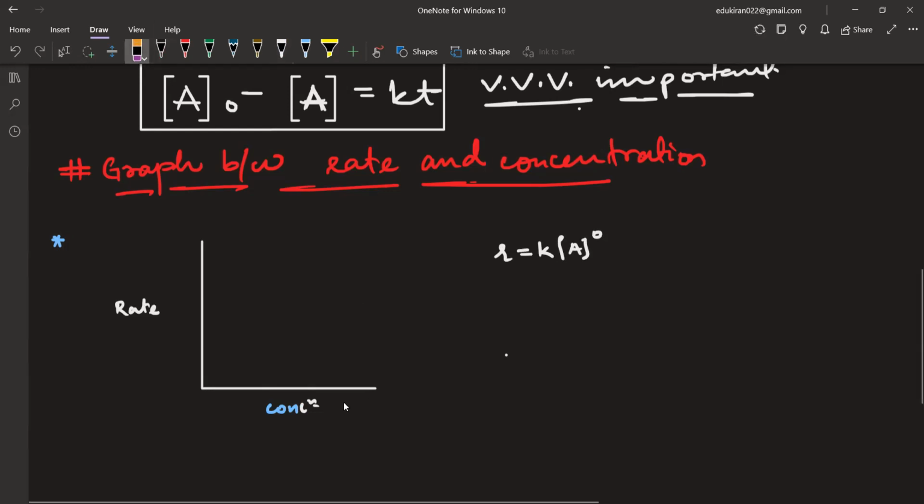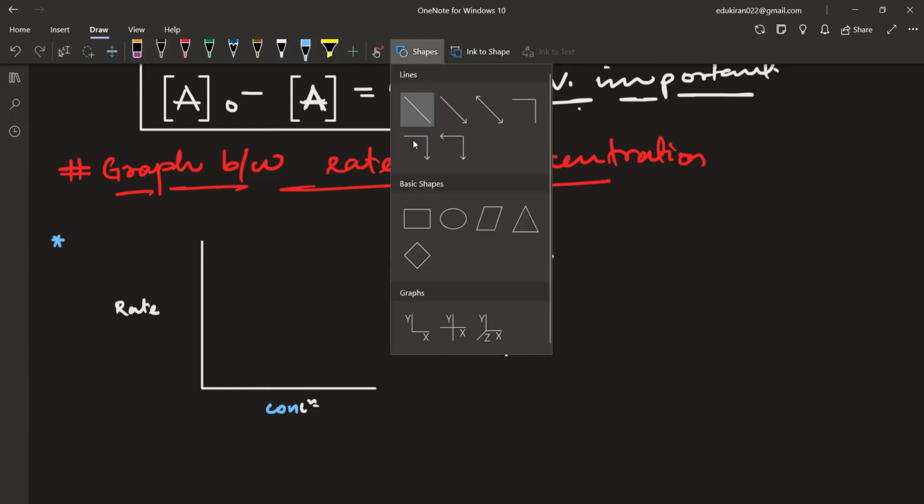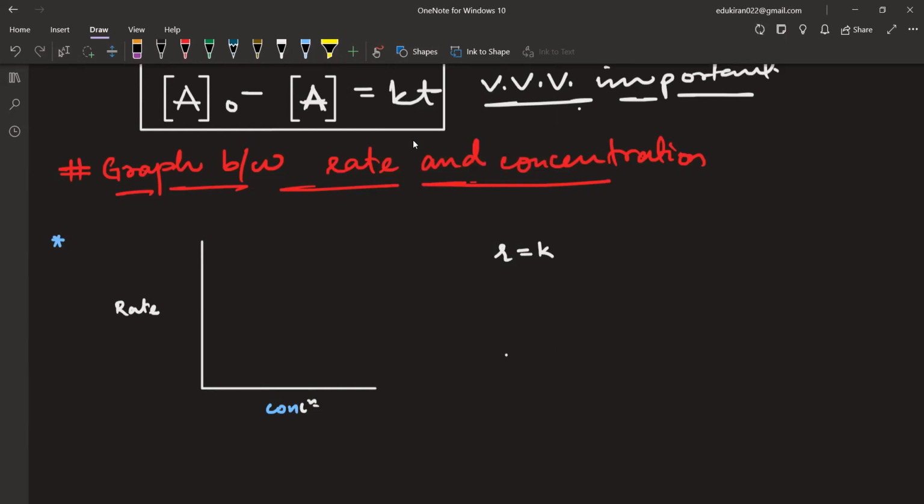That means it does not depend on the concentration of the reactant. If we increase the concentration of A, the rate will have no change, because rate is not dependent on the concentration.